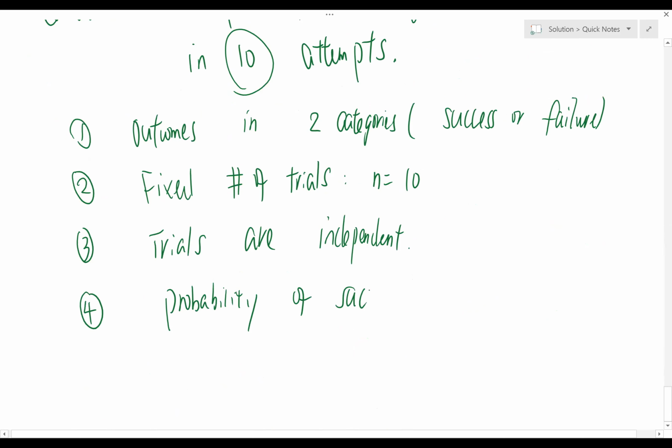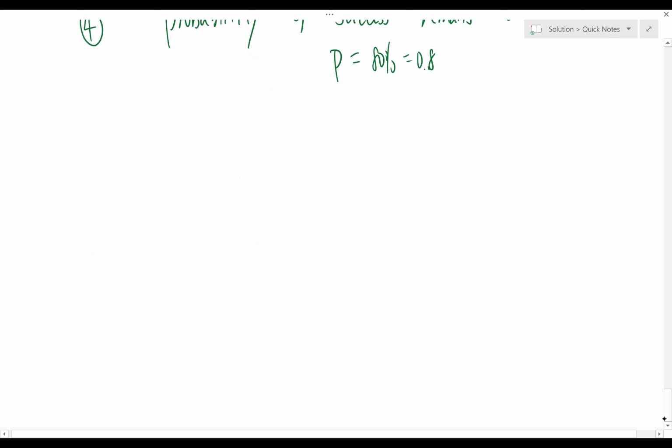Probability of success remains constant. P equals 0.8, 80%. So once you verify these four conditions are satisfied, then we know that it's a binomial probability distribution.